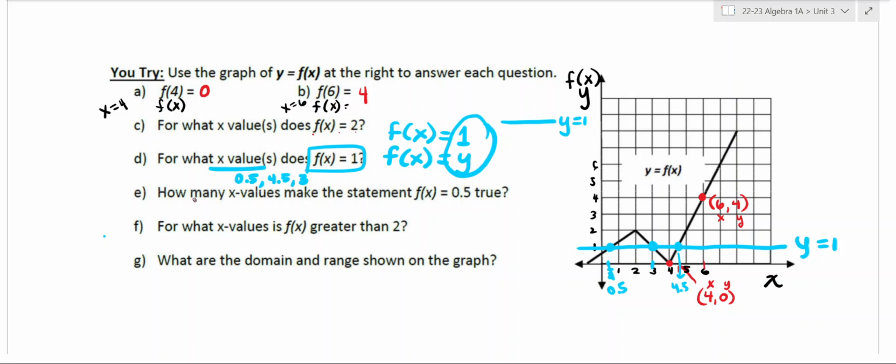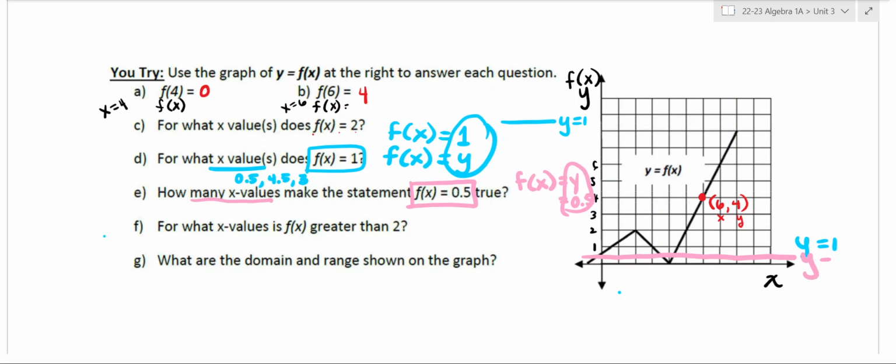How many x values make this statement true? Once again, this is notation. If f of x equals y, and they wrote that f of x equals 0.5, so we're looking at the place where y equals 0.5. Y equals 0.5 has to be here, in between 0 and 1.